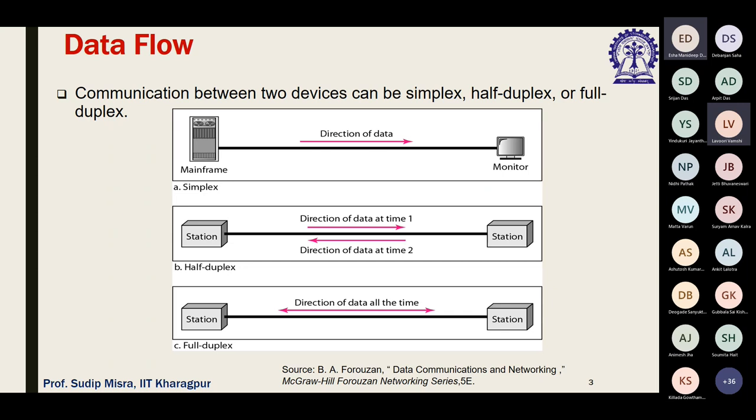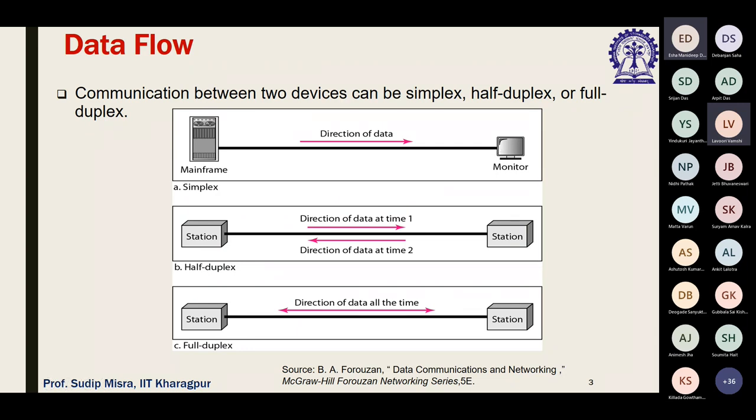In this particular figure, the mainframe computer sends some message to the monitor. The direction of data is as you can see over here. So this is a simplex connection. You have a unidirectional flow of all the messages, all the data coming across. One-way street. So simplex, remember, one-way street.